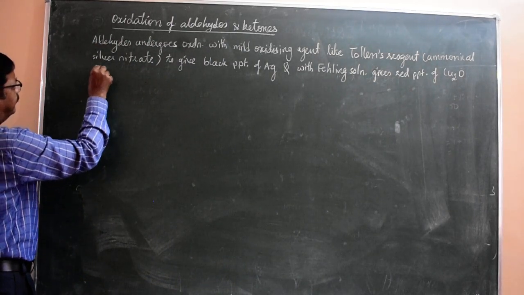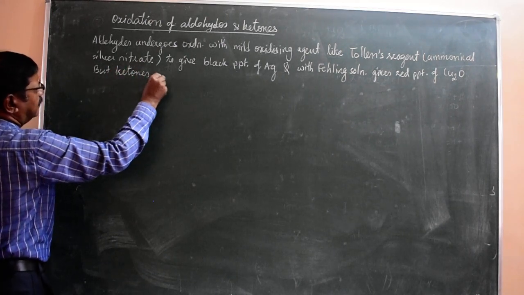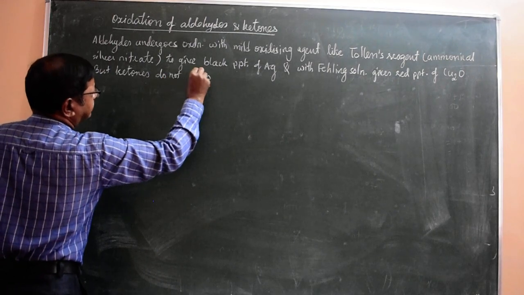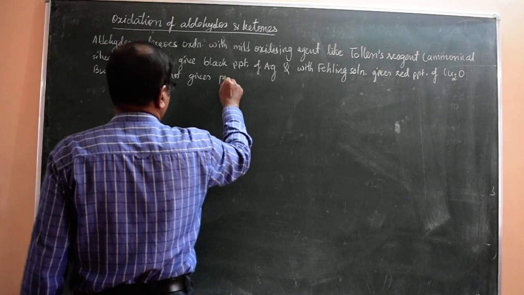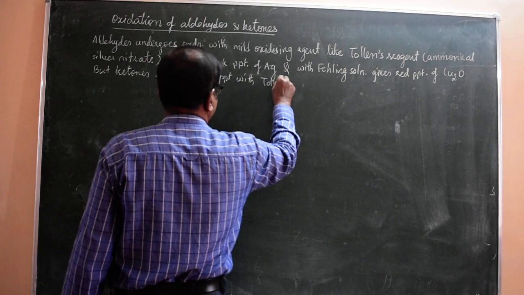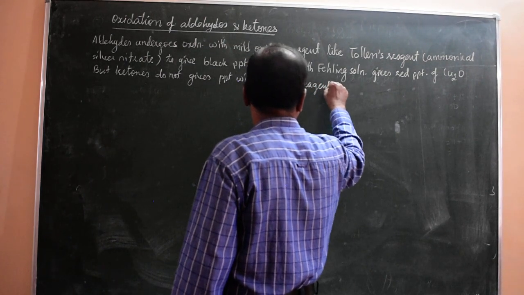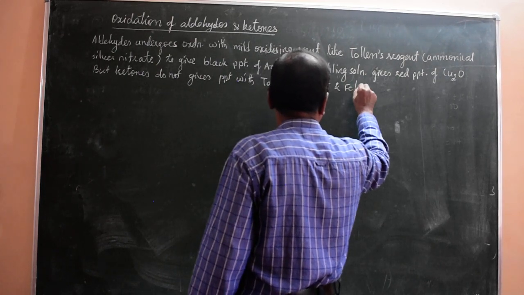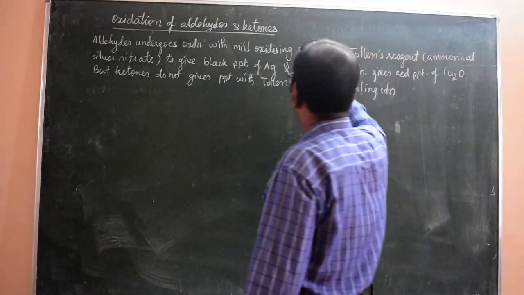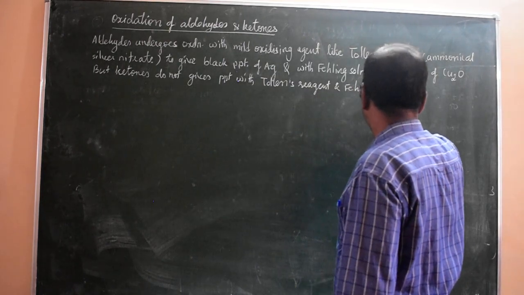But ketones do not give a precipitate with Tollens reagent and Fehling's solution. So we say this is a test to distinguish between aldehydes and ketones.